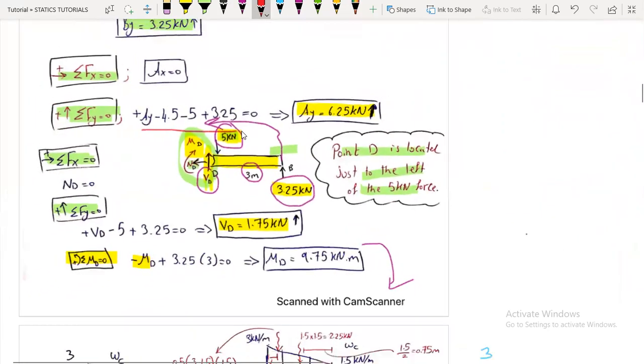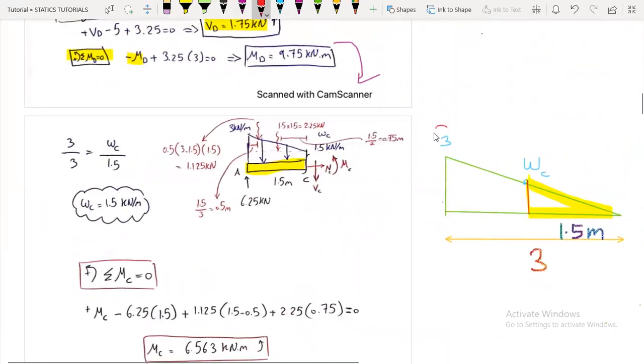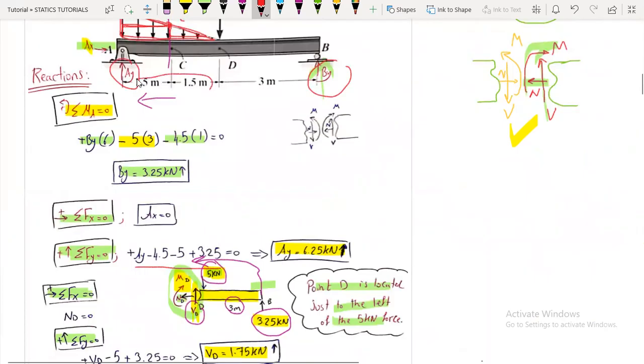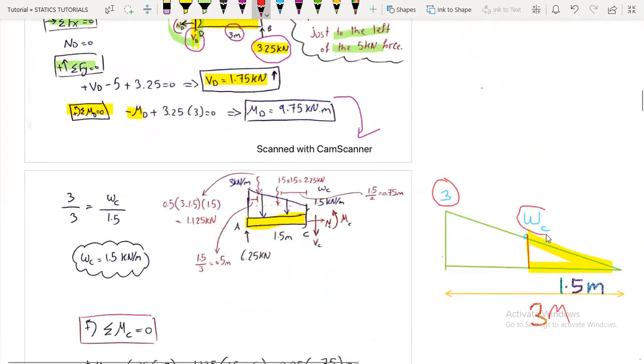Here I have drawn it. The uniform load is 3 kilonewtons per meter, and the total distance is 3 meters, and I would like to find the value of W at C. Here is point C, here is point A.